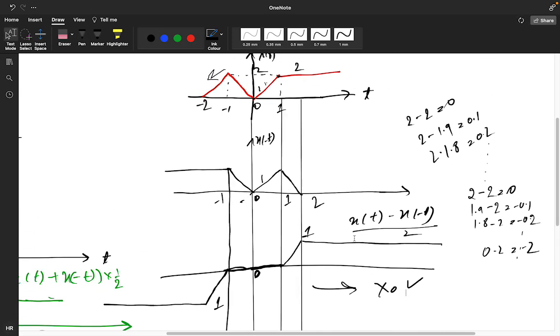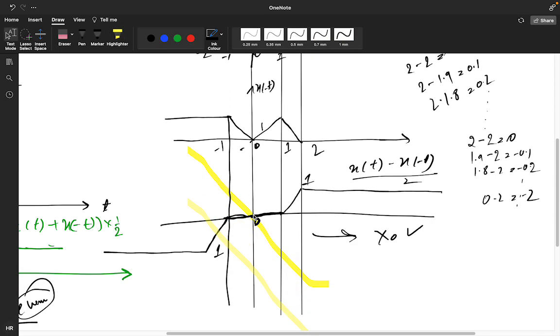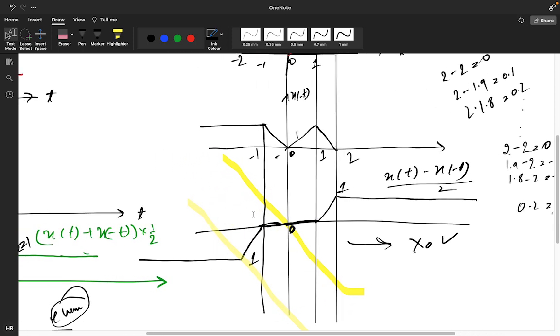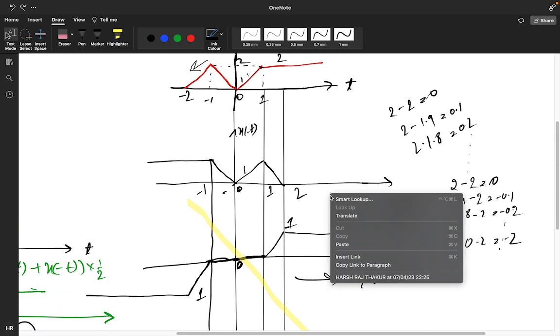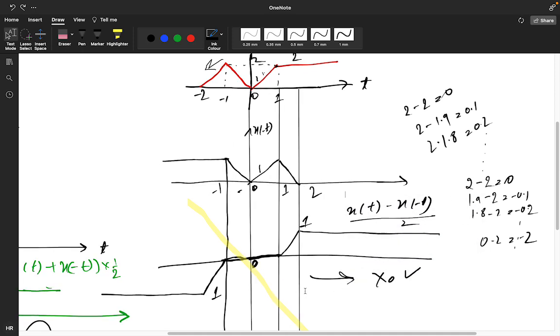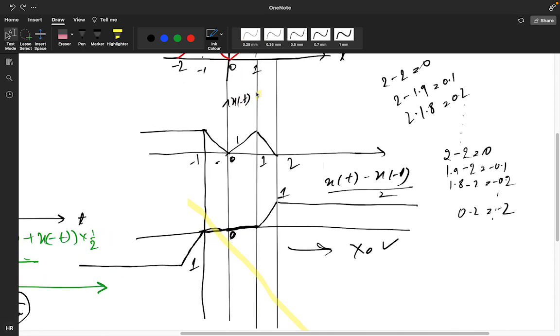So in an odd function, I already told you how you have to see the curve from the 0 axis, like this way. See, you are getting the mirror image or not. This is your mirror image.